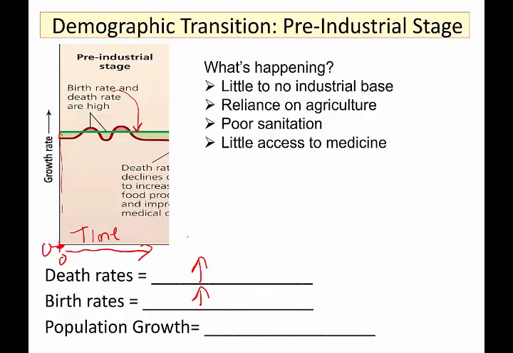Even though they kind of go up and down, they're still high relative to the bottom of the graph. And so population growth at this point is very slow. And it's very slow because the birth and death rates are kind of matched. So people are dying as quickly as they're being born, for the most part. There's a little bit of growth.